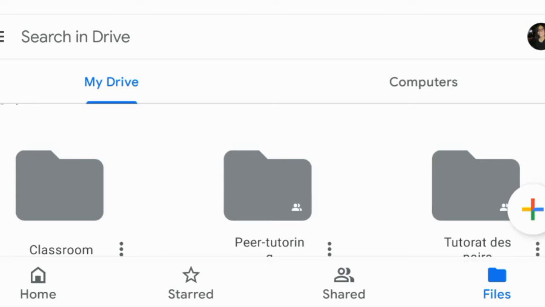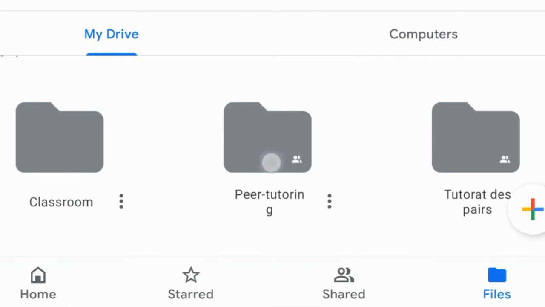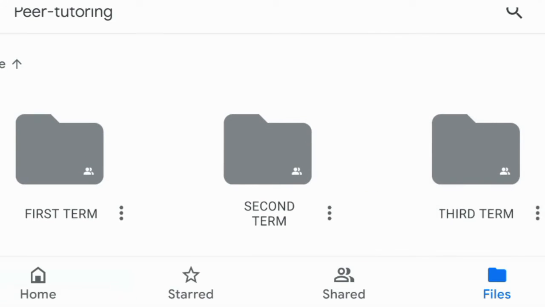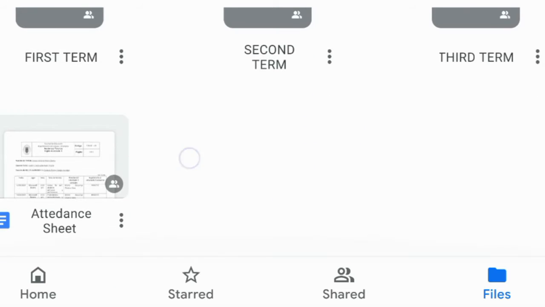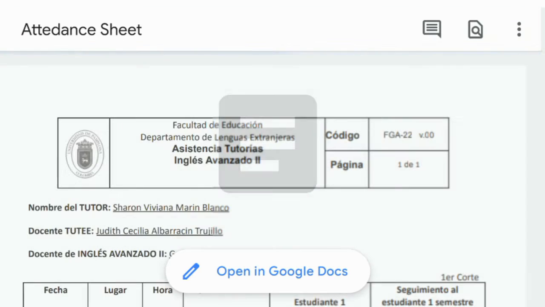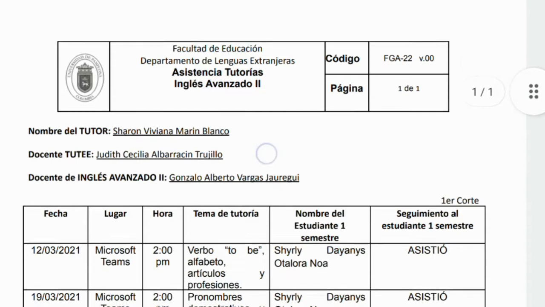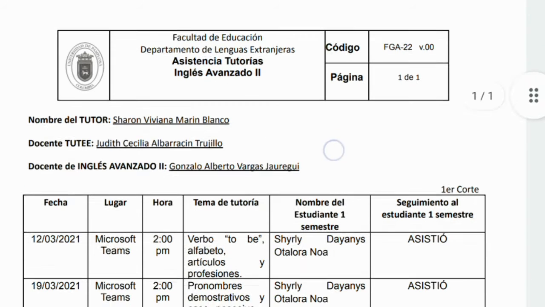The way I organize the evidence of the tutoring is the following. First, there is the peer tutoring folder. When you click on it, it will show 3 subfolders and the attendance sheet work document, in which the name of the tutor and the teachers in charge are registered.